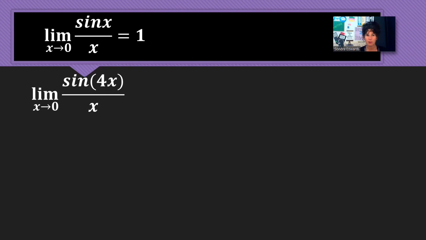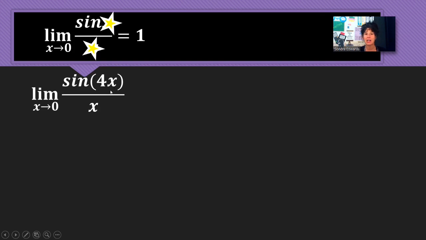But the property that is the memorized property here, you see the x's, but they don't represent the same thing. Let's look at it maybe a little differently and say sine of something over the exact same something. We want to force this to look like the sine of something over the exact same something.